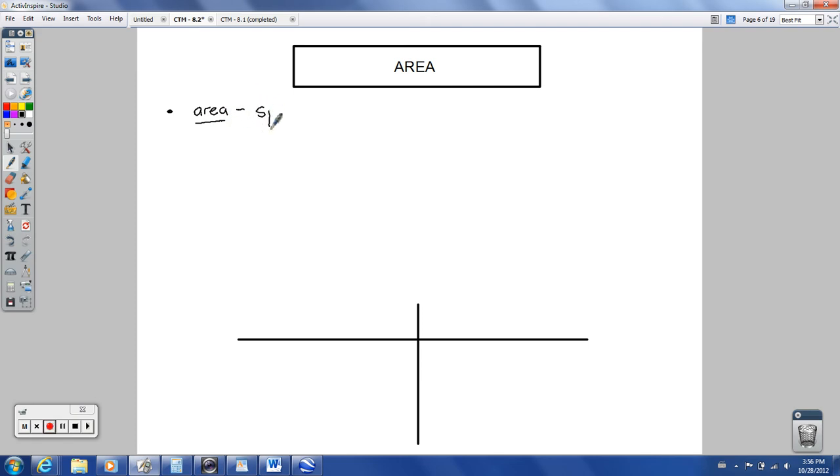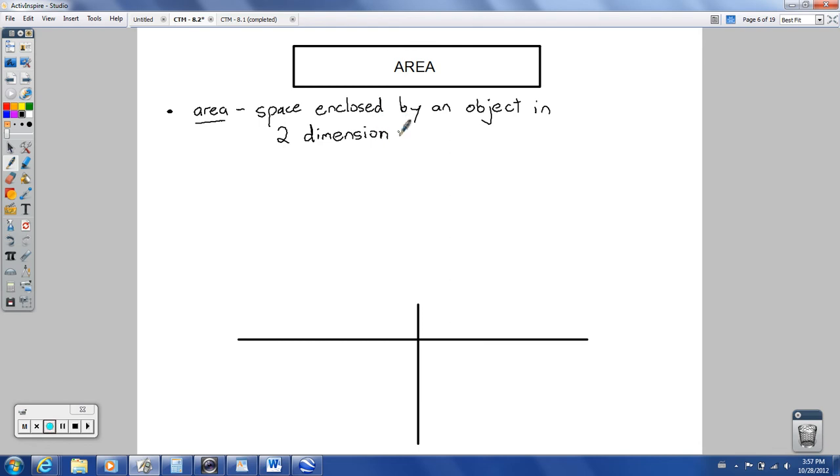It would be the space enclosed by an object in 2 dimensions. So 2 dimensions. A length is just a 1-dimensional measurement.